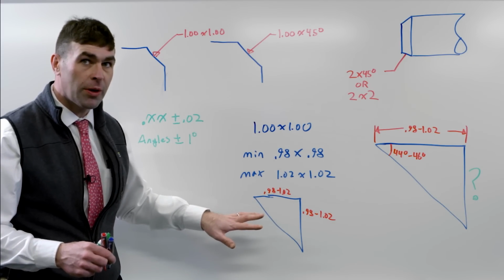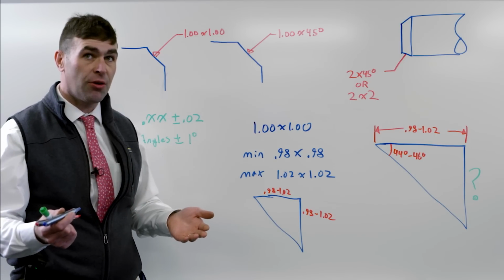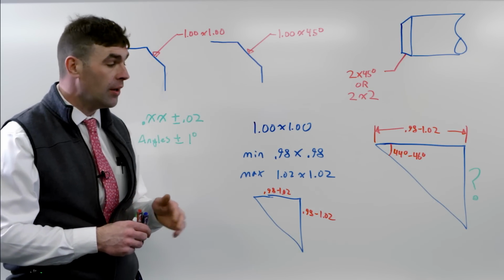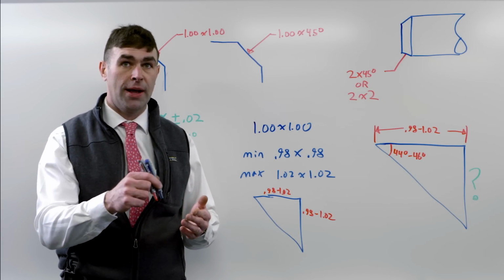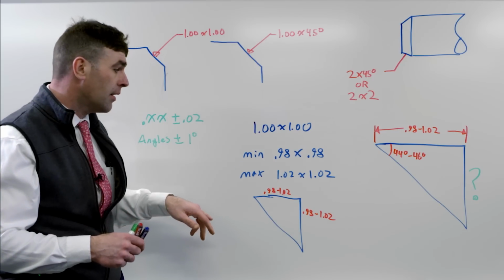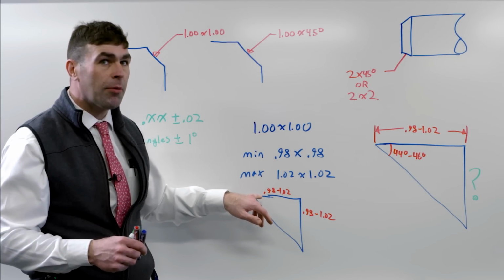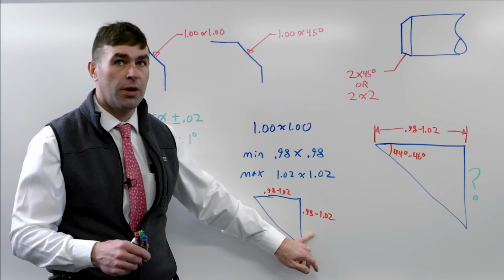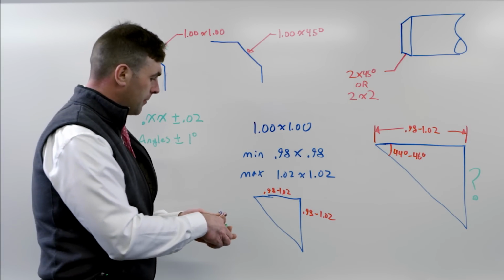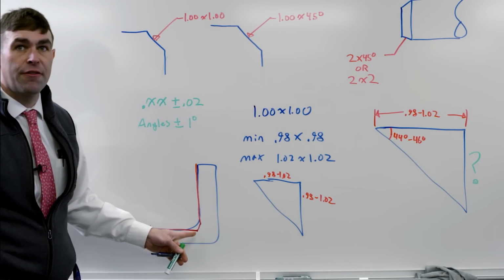Generally what we would be looking for, if it's an external feature, which most chamfers are, so think about the chamfer around a pin or a shaft, is that what's going to cause a problem is this lower number, because that would tend to make an interference.